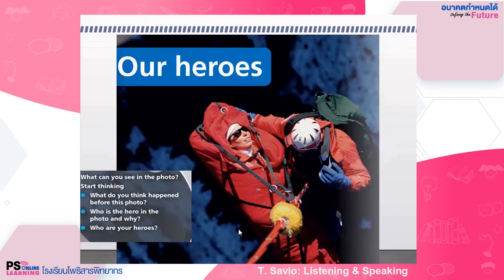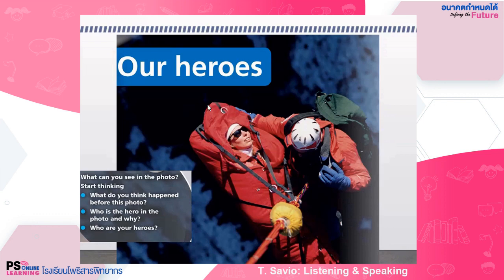This lady might have been stuck while she was mountain climbing. She was probably stuck in a gorge or crack in the mountain or hurt herself, and so she needs to be rescued. What do you think happened before this photo?